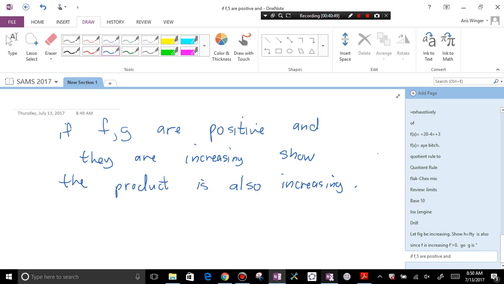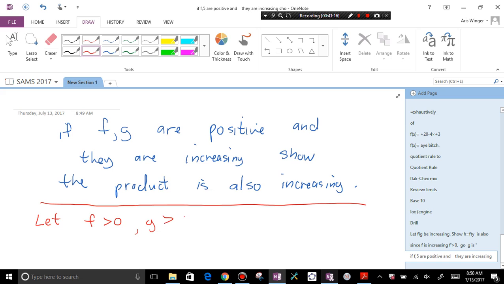Now I gotta think of some new ones. I've already done the ones that I've given in the past. I'll put in red how it often looks. I probably would say, let F be positive, G be positive, and F and G increasing. Show that H equals F times G is also increasing.